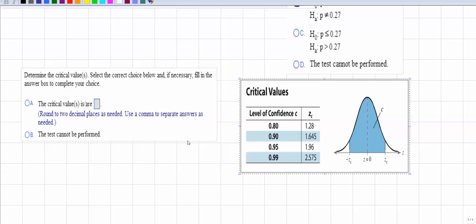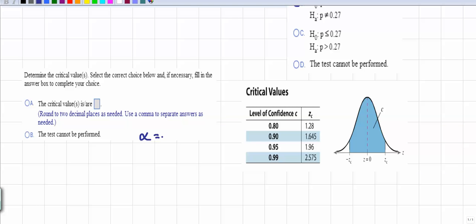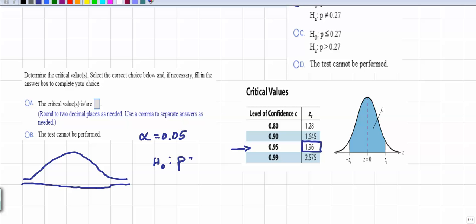And since alpha is equal to 0.05, that means we'll be looking at a 0.95 confidence level, so Z sub C will be 1.96. But remember that this is a two-tailed test. How do I know that? Because this is a statement that the null hypothesis is equal to 0.27, and the alternative hypothesis is not equal to 0.27, which means that we'll be looking at a two-tailed test.